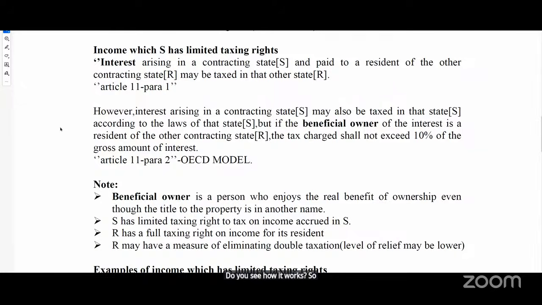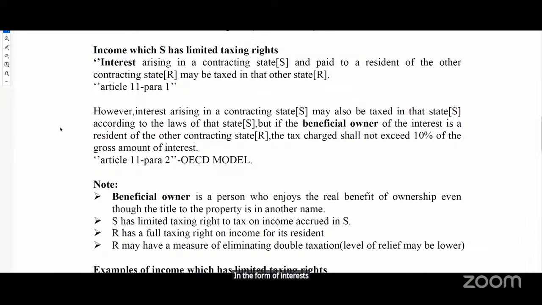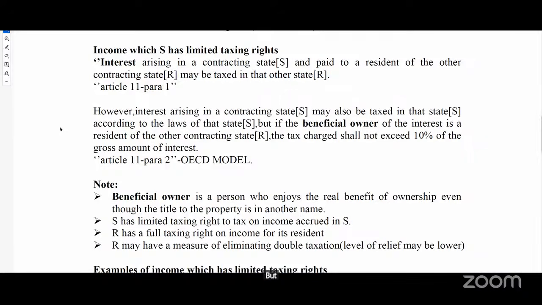So assuming I made $10,000 in the UK, in the form of interest. Do you understand? UK can tax me at a maximum of 10% per the OECD model. When I bring that $10,000 to Ghana, Ghana will add it to my income and tax it fully, and now grant me a credit under Section 112. Do you see how it works? But only if I was the beneficial owner.